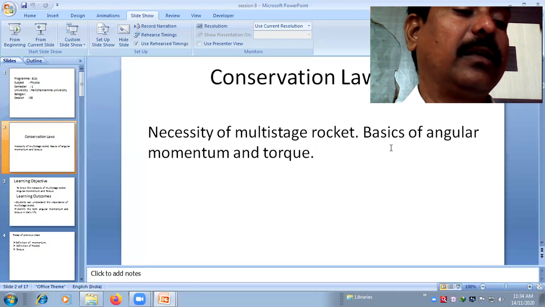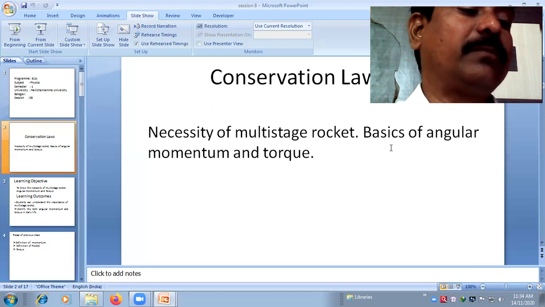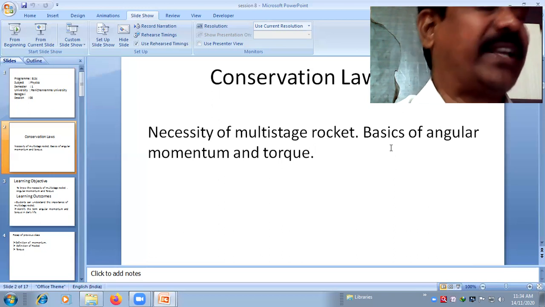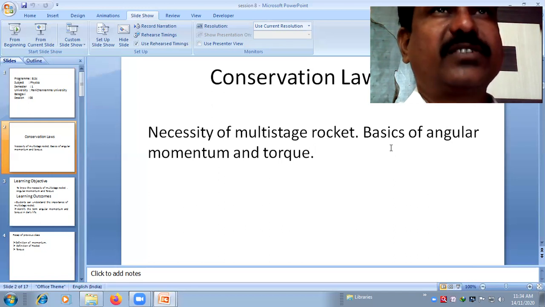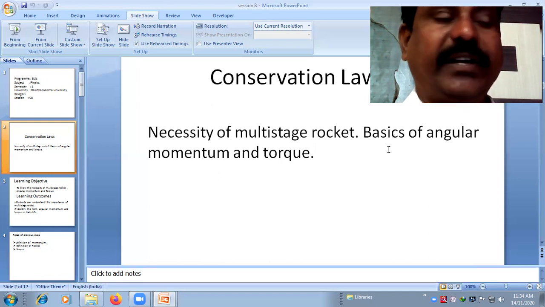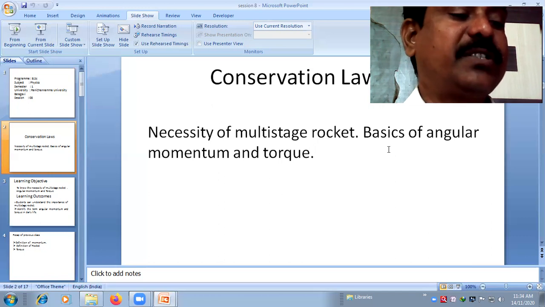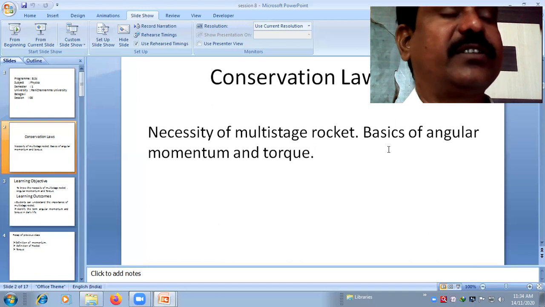The final velocity will be merely twice the velocity achieved by a single stage rocket.